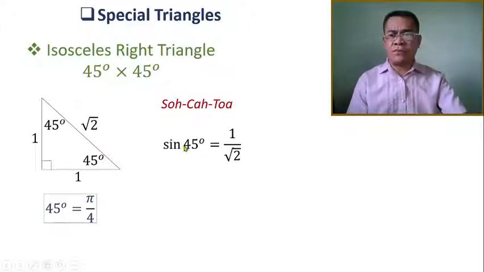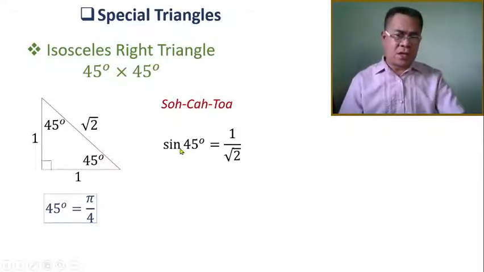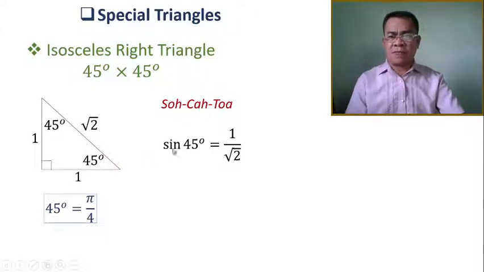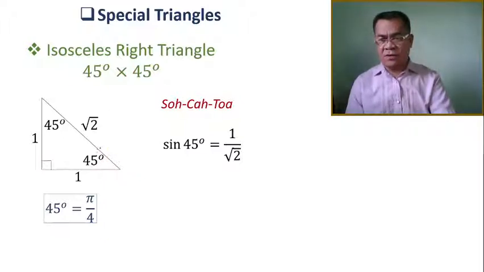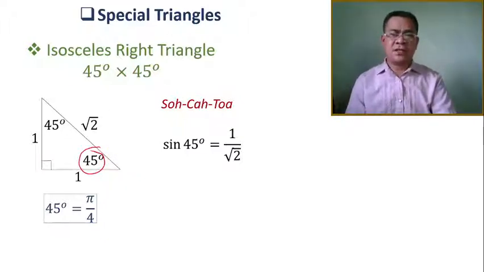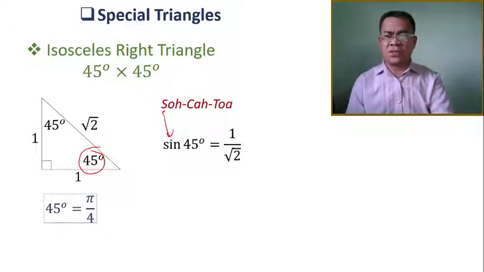So for example, we want to calculate how much is the sine of 45 degrees. Suppose this is our angle, 45 degrees. Then the sine function is equivalent to opposite over hypotenuse. The opposite side is 1, while this one is the hypotenuse side.